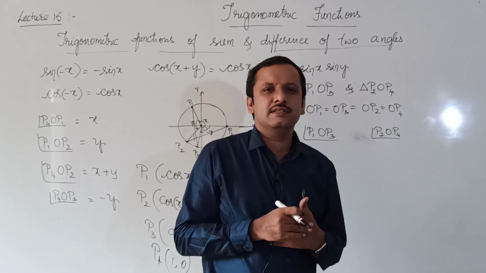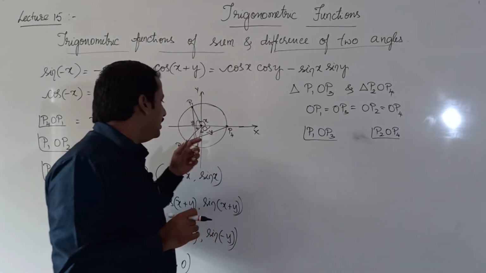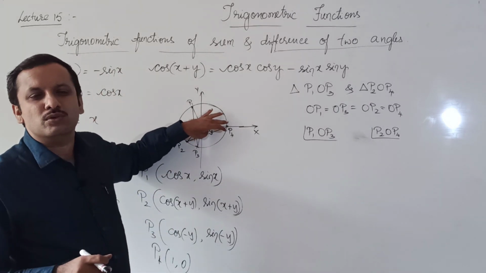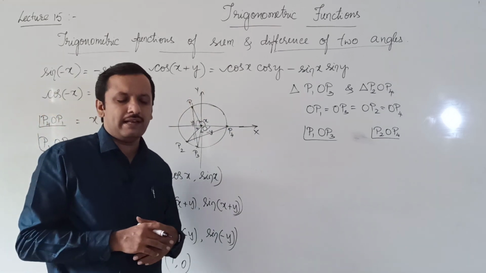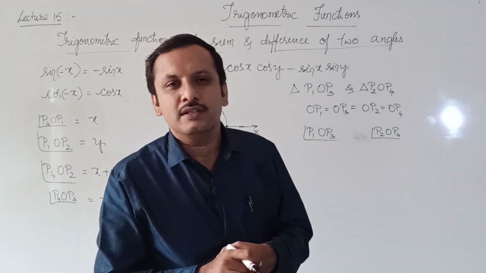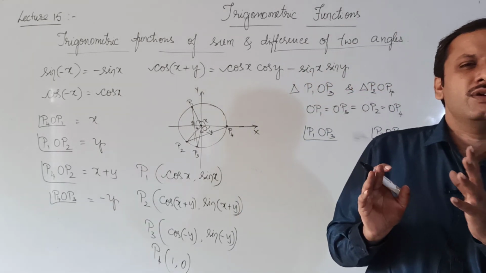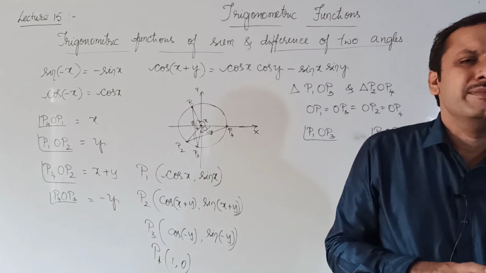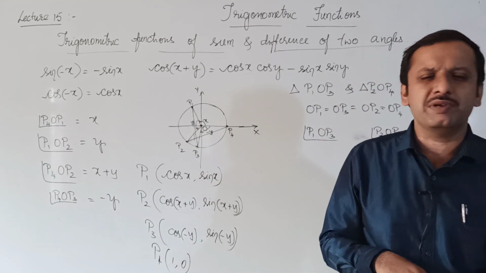Okay, so two sides of this triangle are equal to two sides of that triangle. One angle of this triangle is equal to one angle of that triangle. Therefore we can say that these two triangles are congruent. When two triangles are congruent, the corresponding sides must be equal, and corresponding angles must also be equal.